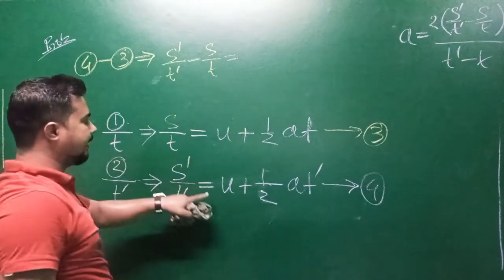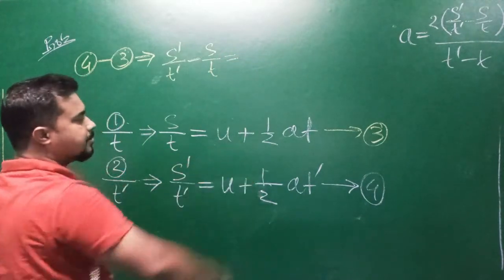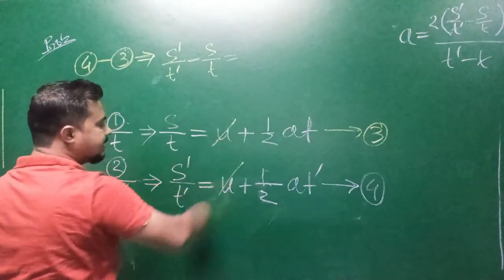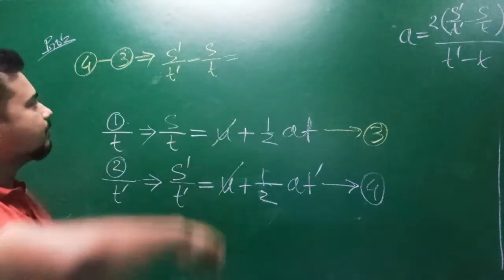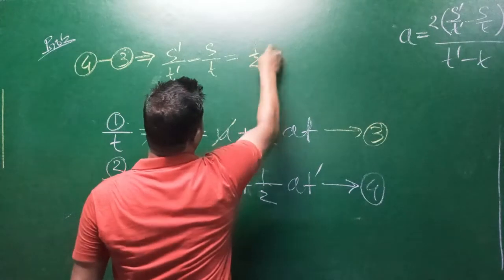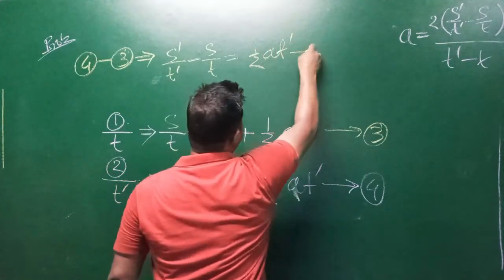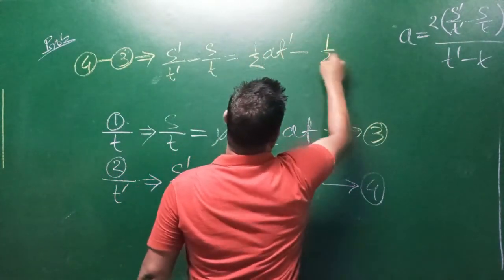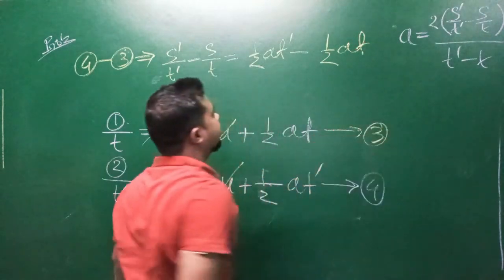The small u term cancels out, and after that we get half at dash minus half at.